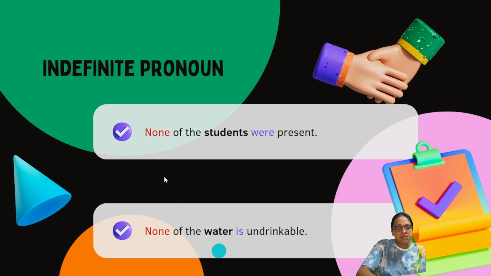Now understand this sentence: none of the water is undrinkable. What do we mean here? We mean that there is some water. We could be talking about a river or a lake or maybe a glass of water.